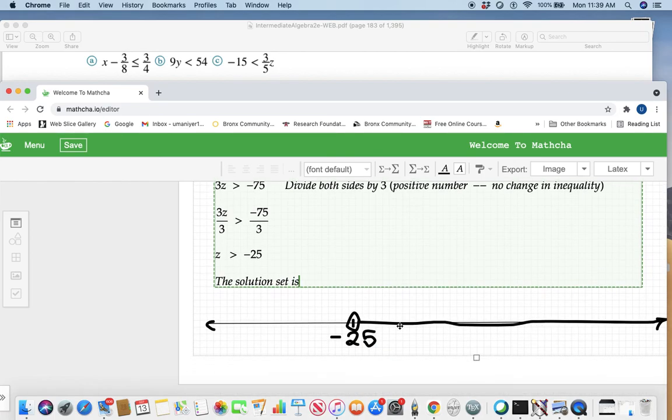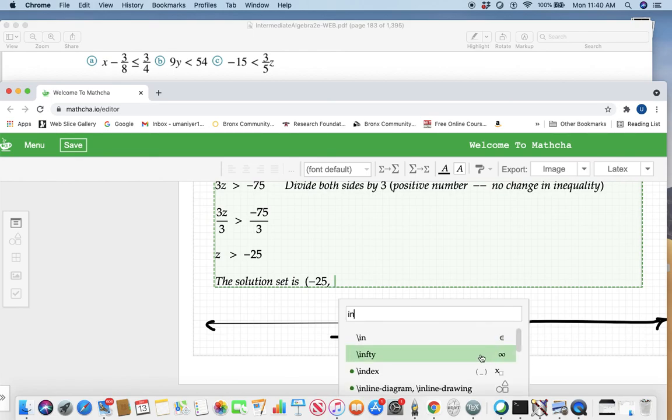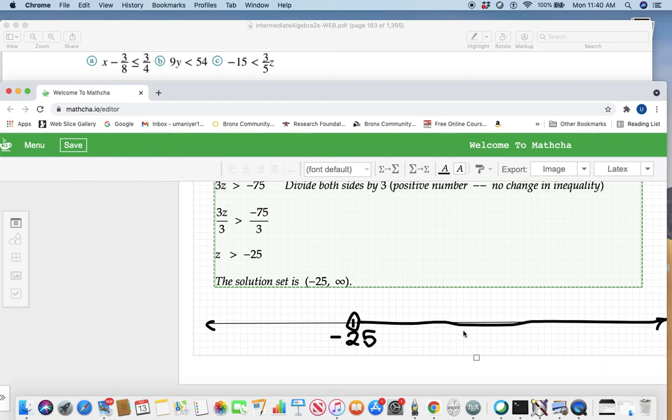So that's your solution set. The leftmost point is negative 25, open. The rightmost point is infinity. It's not a point, I keep reminding you, it's just a concept. Therefore, it's always open. We'll continue in our next video.